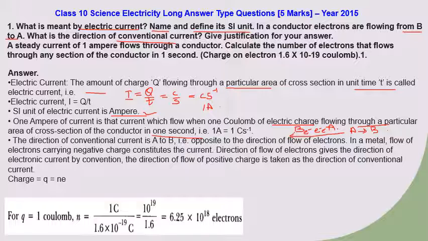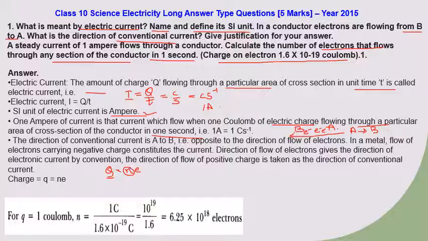Then in the next part of the question, calculate the number of electrons that flow through any section of the conductor in 1 second. They have given the charge of 1 electron. We know that Q is equal to Ne, where Q is the total charge, which is the number of electrons into the charge on 1 electron, and we have to find the number of electrons.